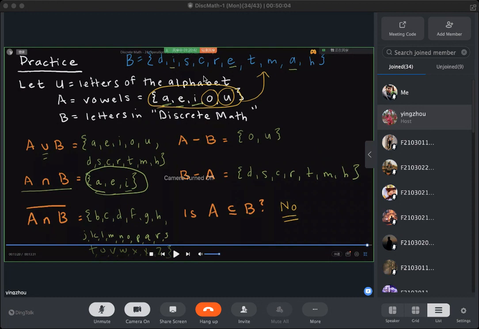So this is the practice question just for our human brain. That means we are just using our human understanding, or human natural language, to do this question. But if we ask a computer to do it, maybe it is different, because the computer just translates all of these set operators into logic operators.